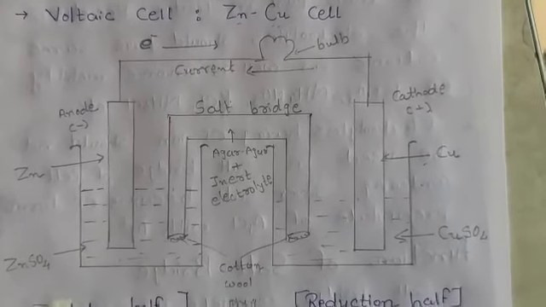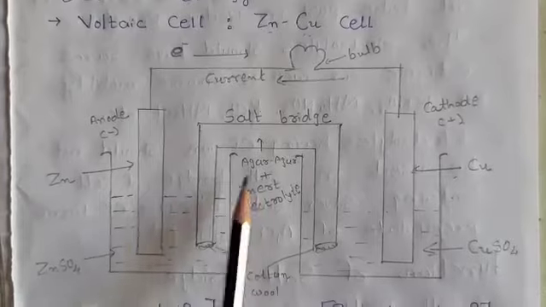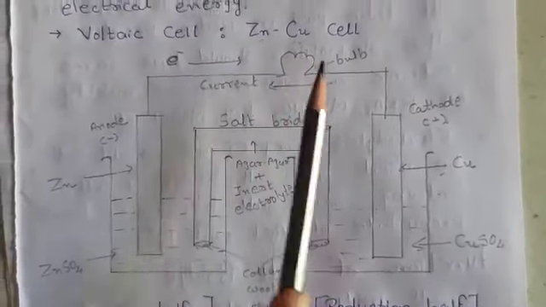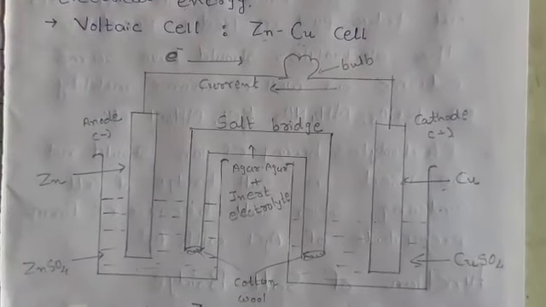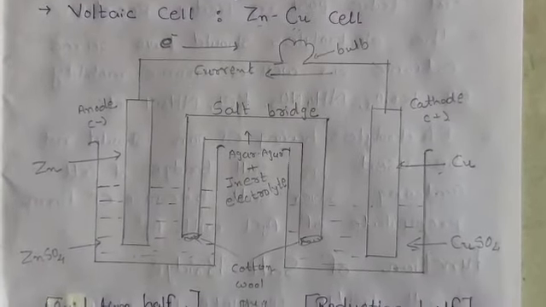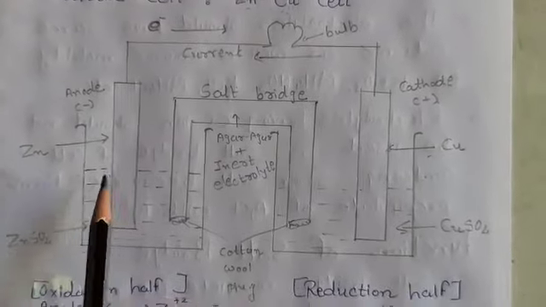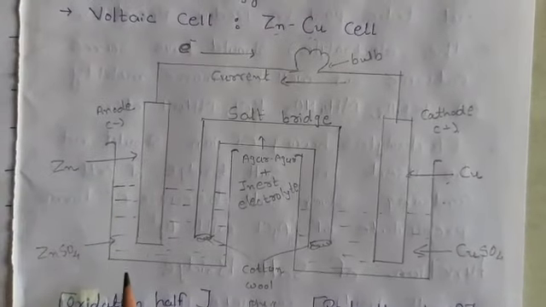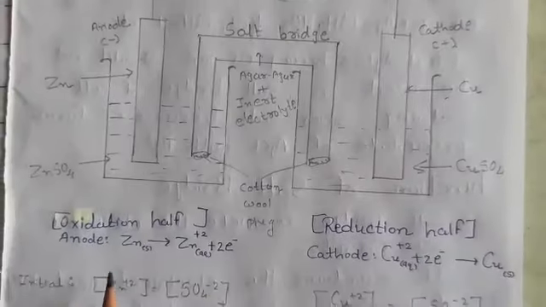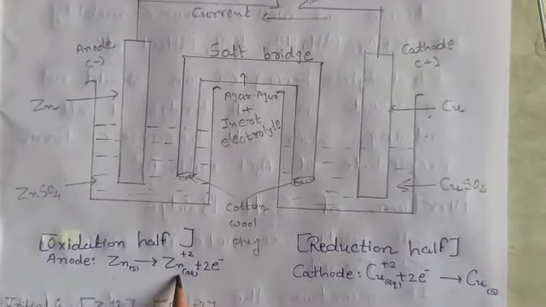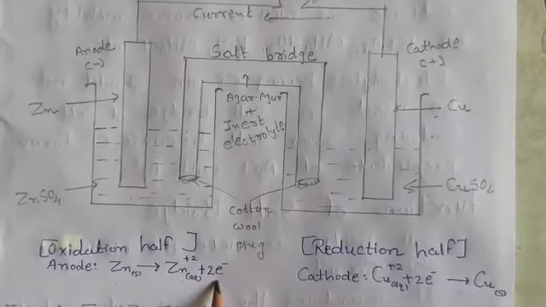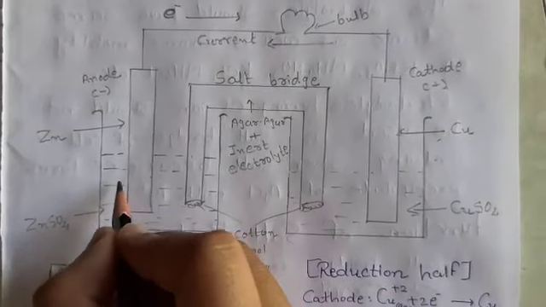Now we will see what type of reaction will occur. We know that here zinc is more reactive than copper, so zinc will displace the copper. So at the zinc half cell, that zinc electrode converts into Zn+2 and donates electrons, right?